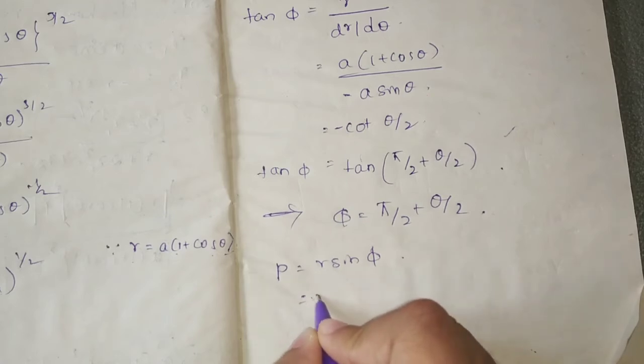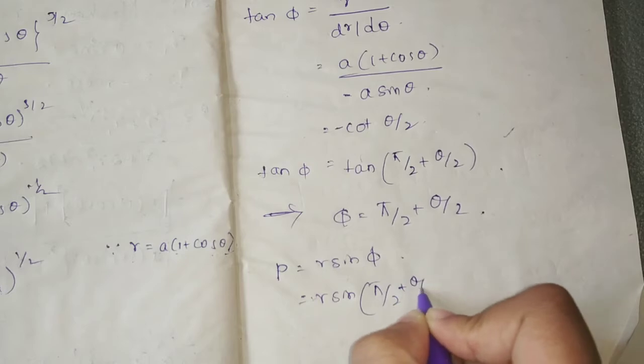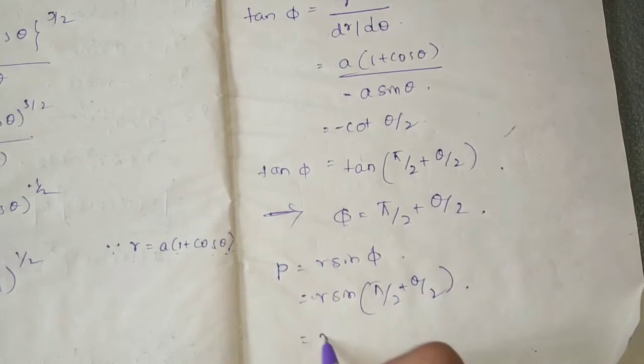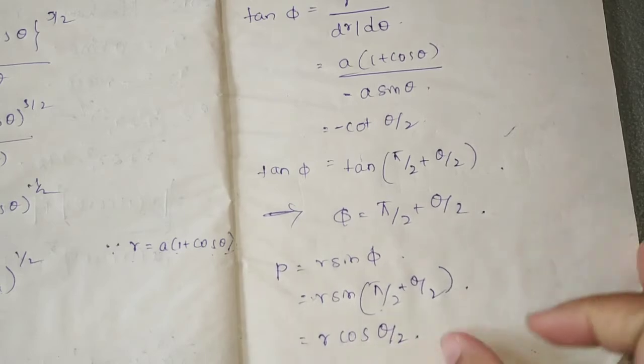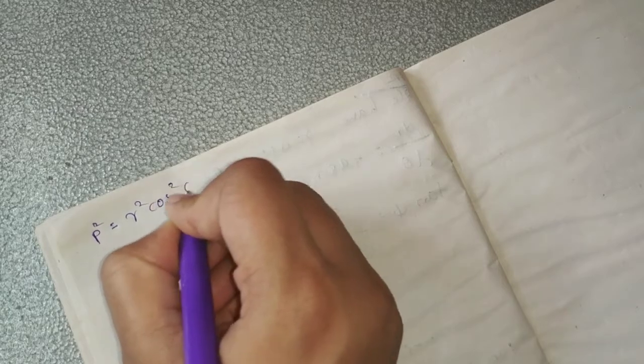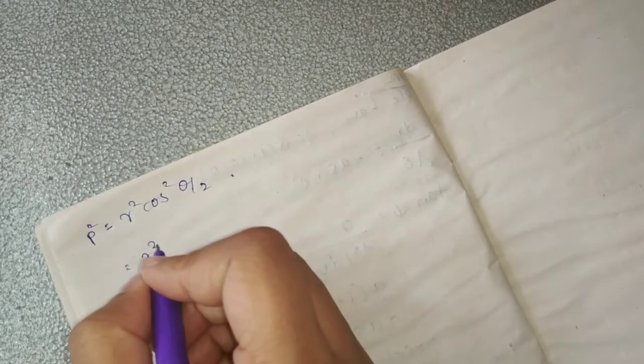Substituting the value of phi, which is pi by 2 plus theta by 2, r sin of pi by 2 plus theta by 2 is r cos theta by 2, which implies p square is equal to r square cos square theta by 2. We need the value of cos square theta by 2.